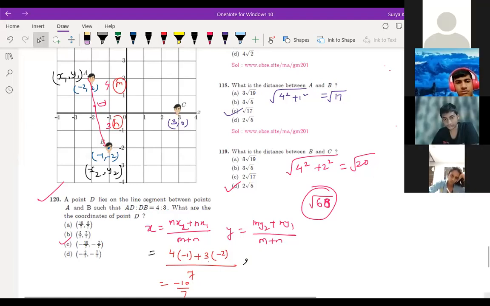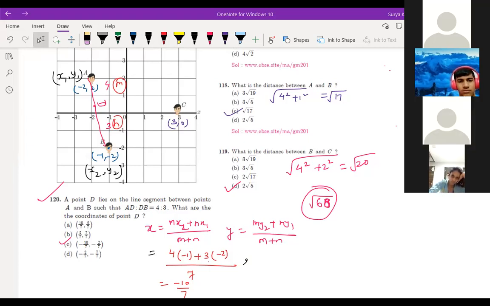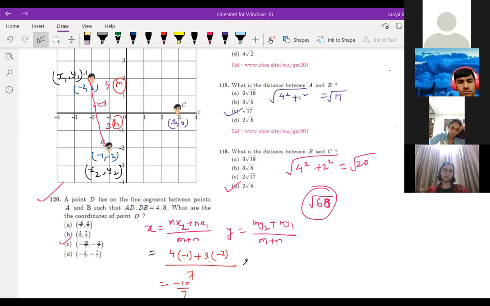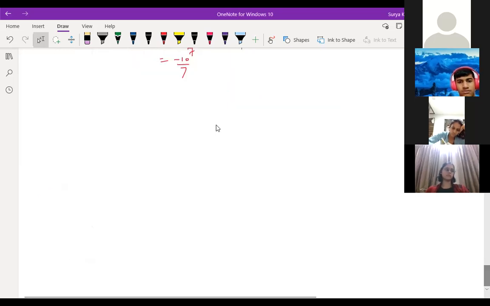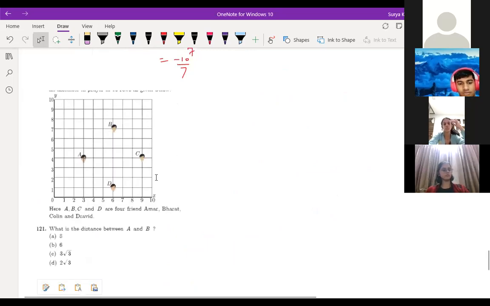So last in there, this question is 121, it is not there. Where is 121? Again, next question, only the figure I'm just showing you. See the question over here. This is the question: what is the distance between A and B?